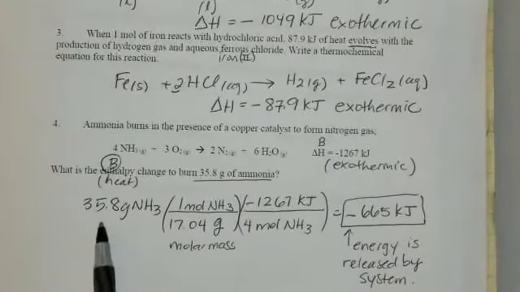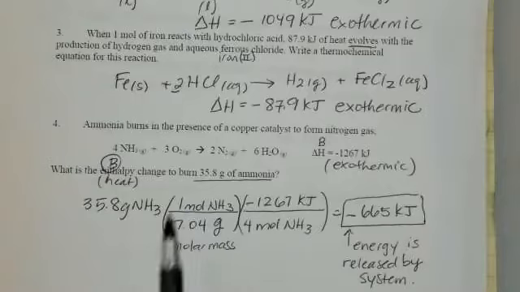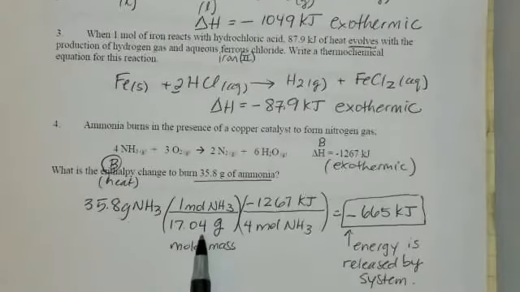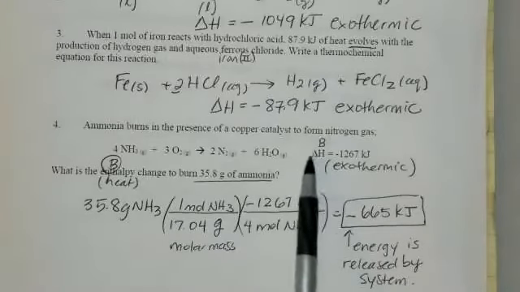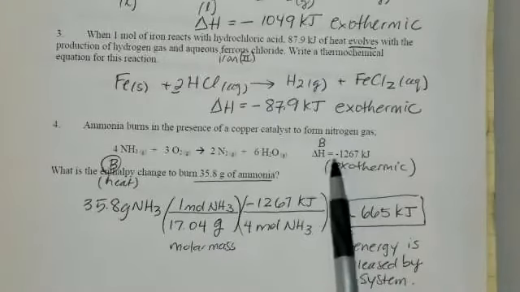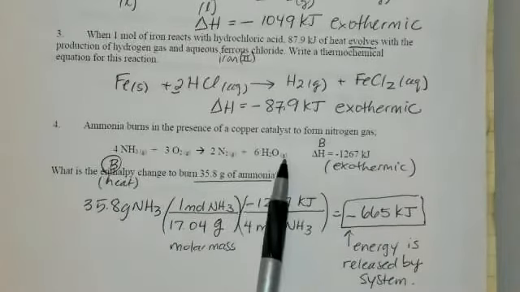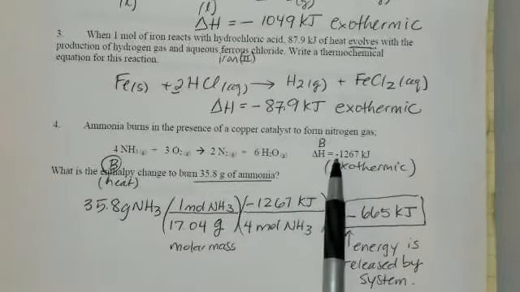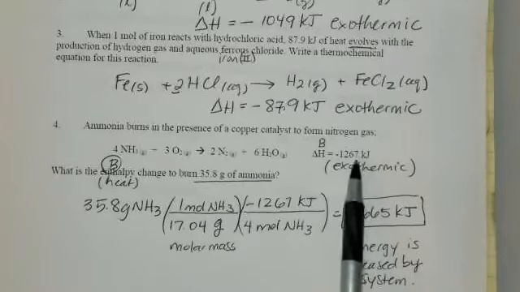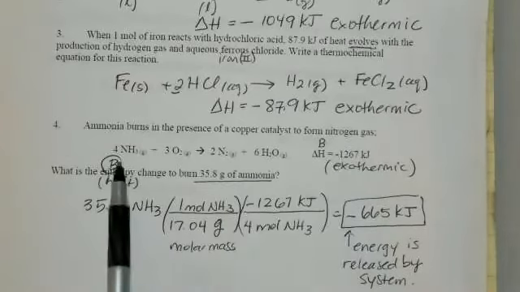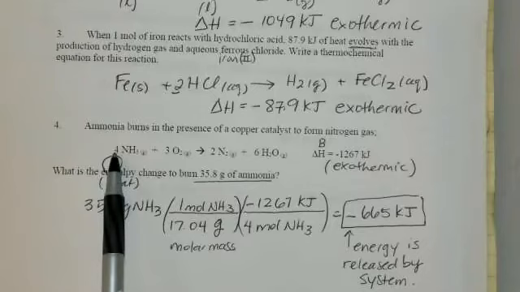And so, again, just relating this to what's familiar. We had mass, that's familiar. We know how to go to moles, that's familiar. But what's new here is solving for heat. And the way that the delta H is reported to you is based on how the reaction is written. So I get 1267 kilojoules of heat released every time I react 4 moles of NH3.